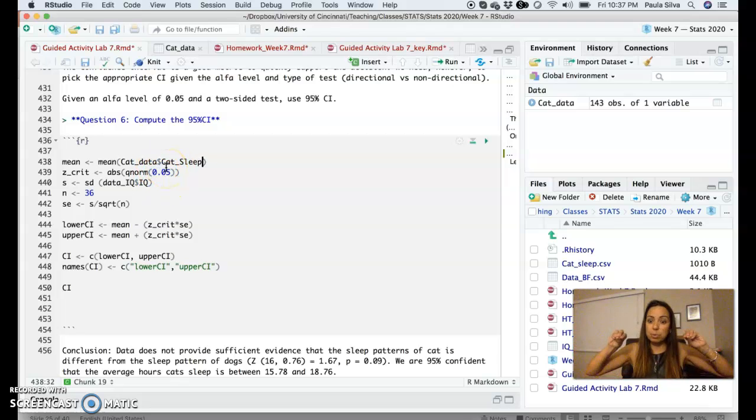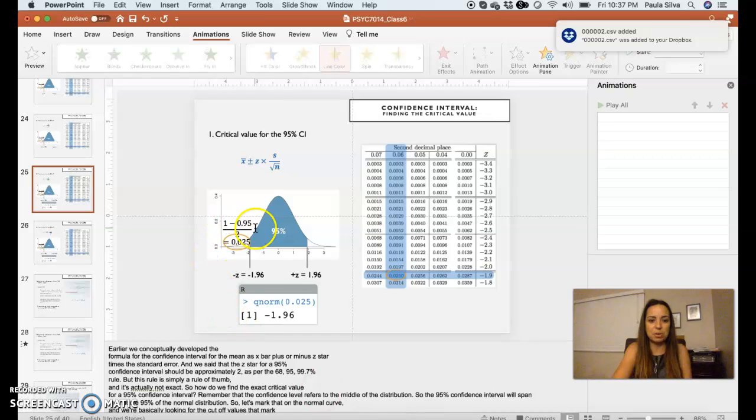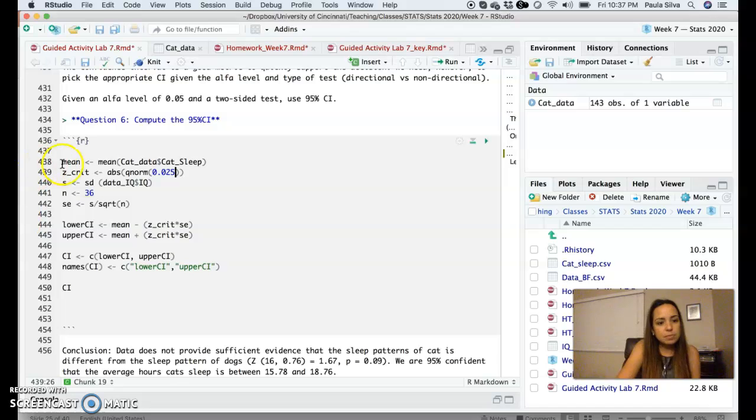We want the 0.05 to be divided into two extremes because that's our two-tail test. So we want the 0.025 percentile. Again, remembering from our class, we want to divide and get the 0.025 percentile. And then we want the standard deviation again of our cat sleep. And our n is 143.